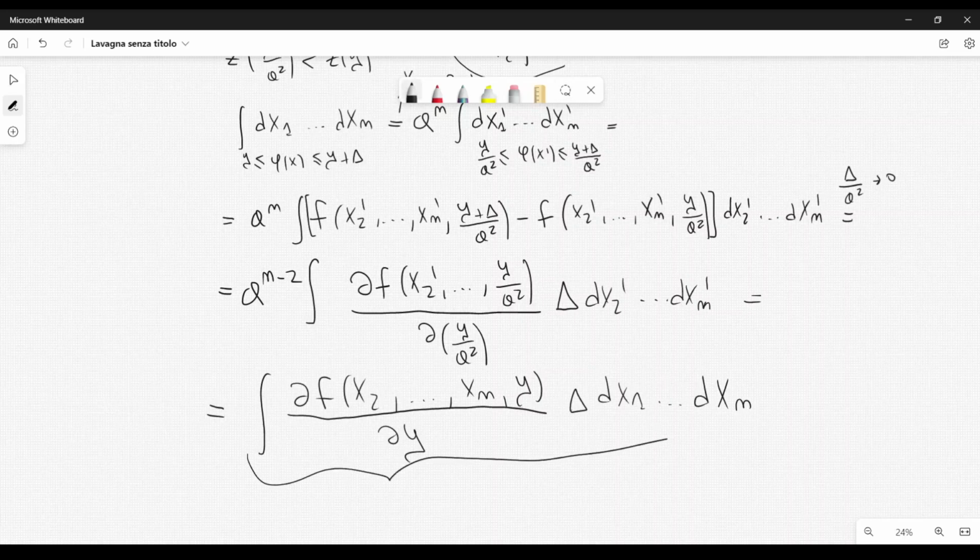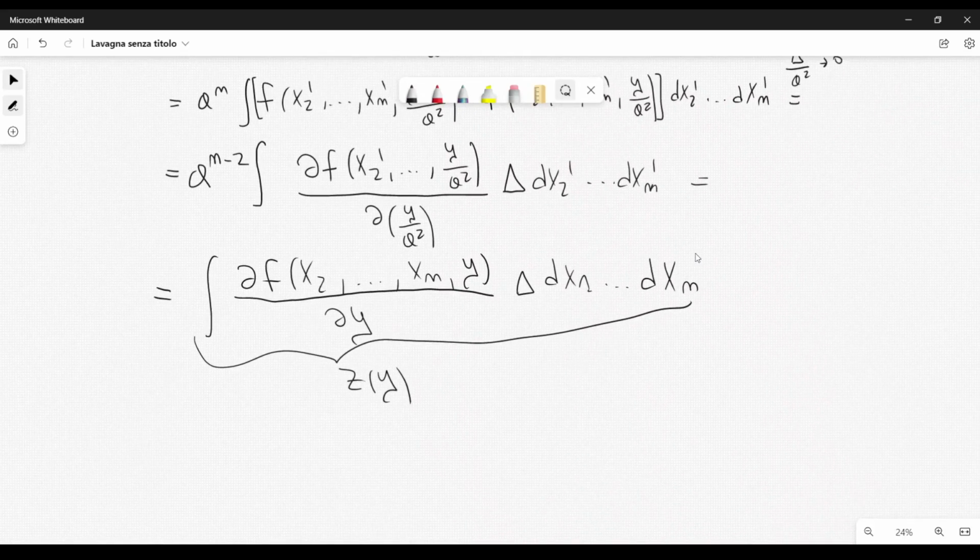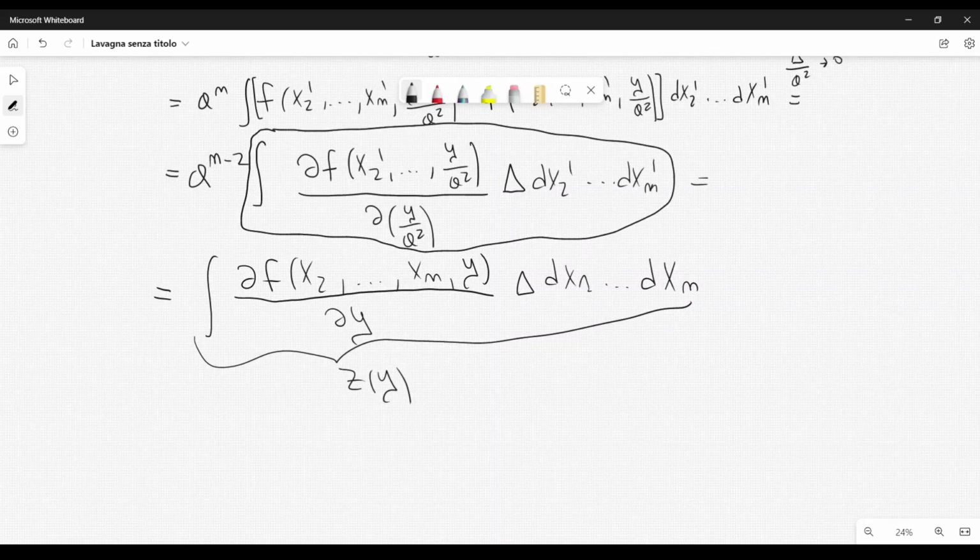This integral here is simply z of y, because it is the integral that we started with, whereas if you take a look at it, this integral here is just z of y over a squared.